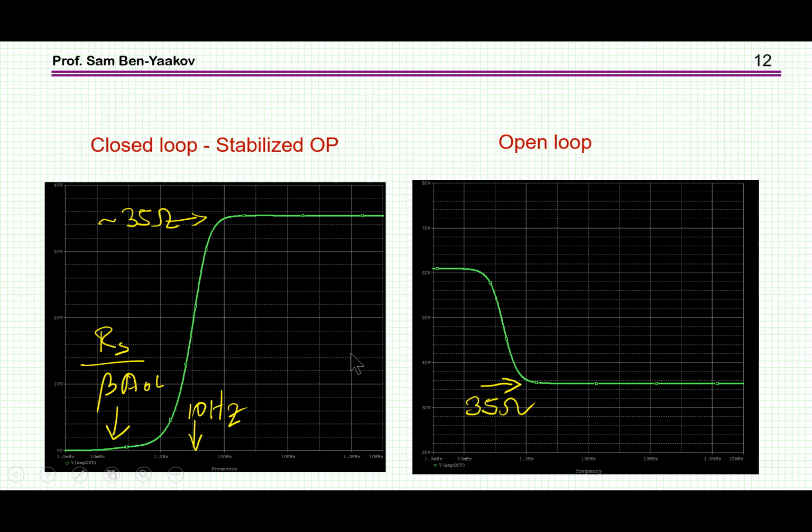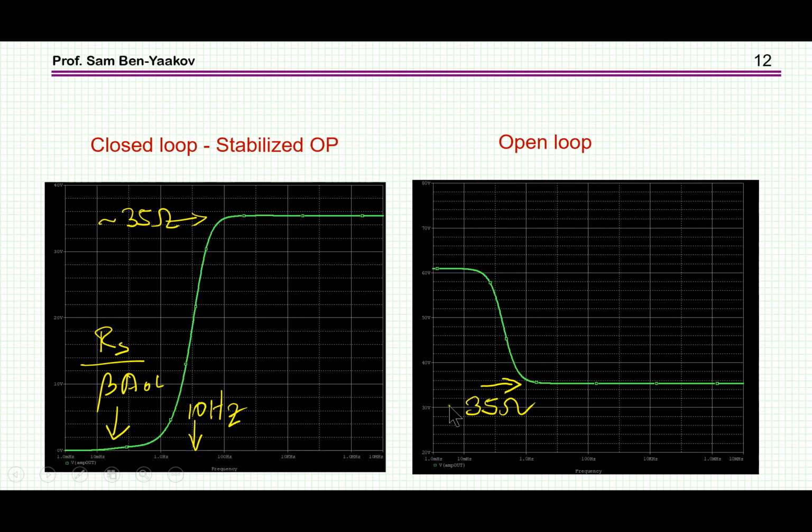And here it is. This is what is obtained here now with the method of stabilizing the loop. This is the region where the method works. From here to here, this is beta A smaller than 1. Here, beta A is larger than 1, and this is why we see an impedance which is much, much smaller. We'll see it later on.